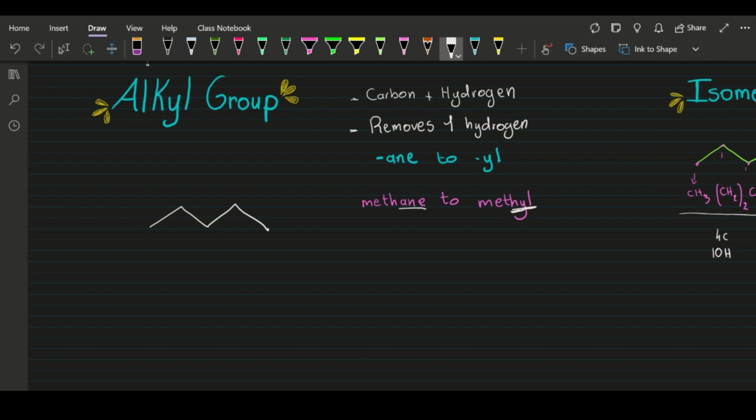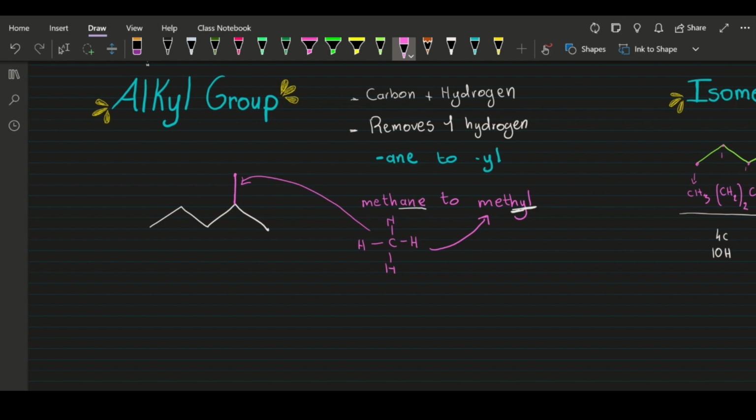So that CH4, right? We said methane is CH4. But let's say we want to add the methyl into this straight chain alkane. It's going to be called methyl when it's added here, right here.